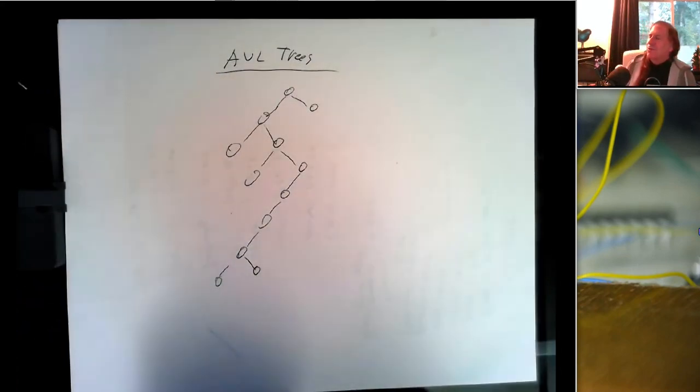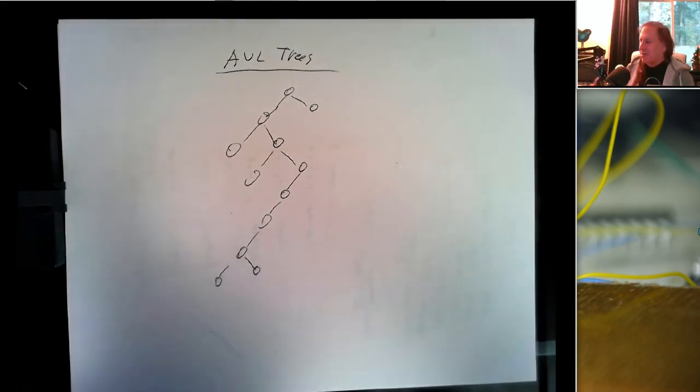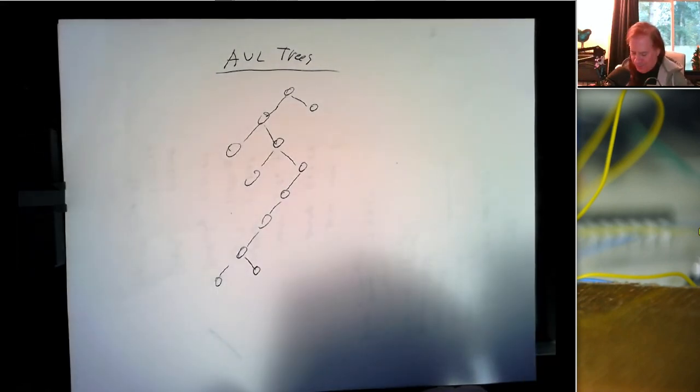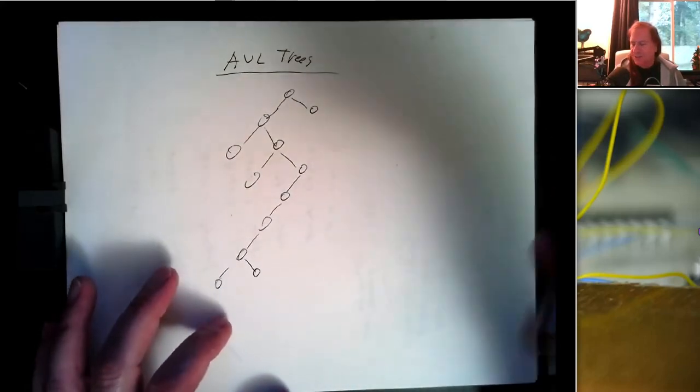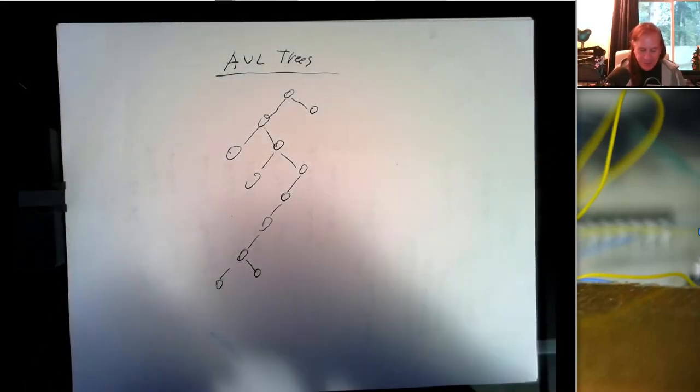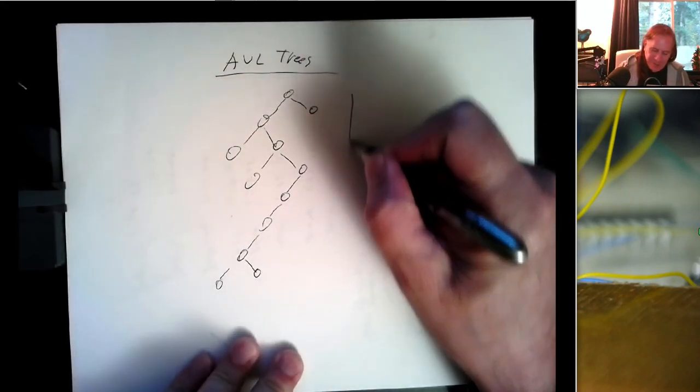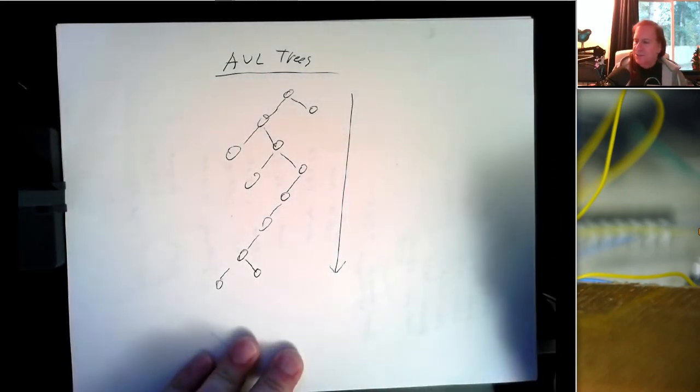The reason we want trees to be balanced is because that affects the amount of work we have to do when we work with a tree to either insert, delete, or search. The amount of work relates to how deep we have to go in the tree.